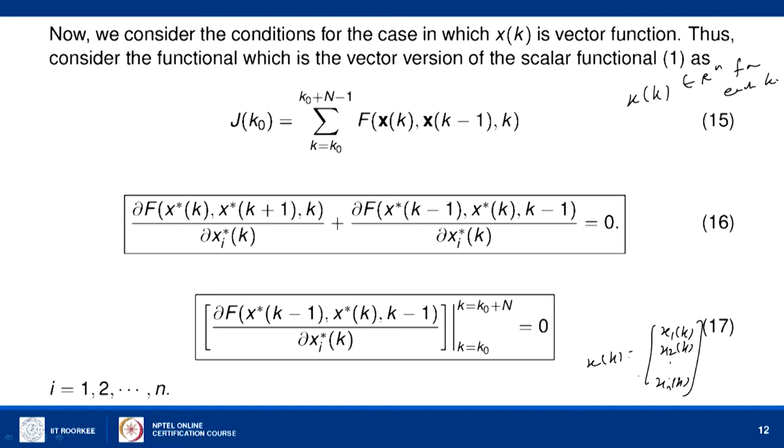So at every stage we replace the real value with the vector, and the partial derivative of this function with respect to each component should be considered. So, for i equal to 1, 2, 3 up to n, instead of formulas 12 and 13 we get formulas 16 and 17 for each variable xi. The procedure will be exactly the same.